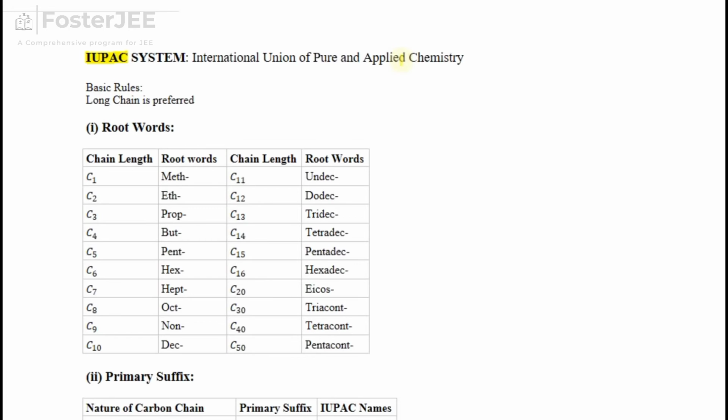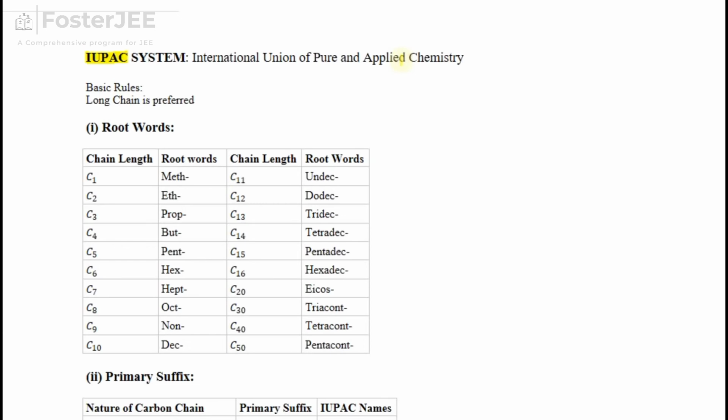systematic name. There are some basic rules for naming organic compounds. For naming the simple aliphatic compounds, the normal saturated hydrocarbons are considered as the parent compound, and the other compounds are their derivatives obtained by the replacement of one or two hydrogens with various functional groups.